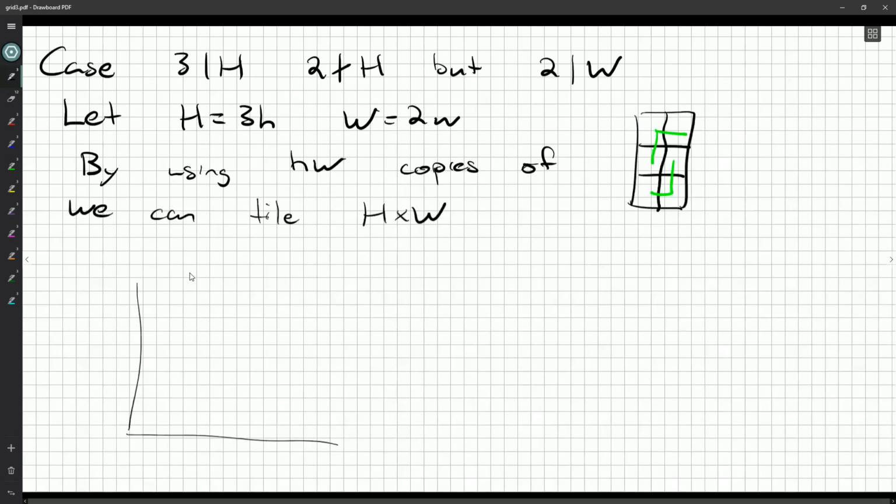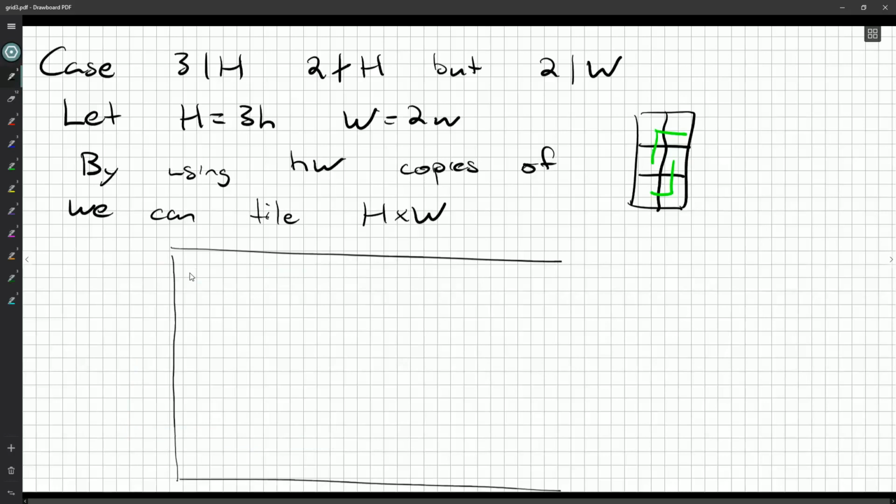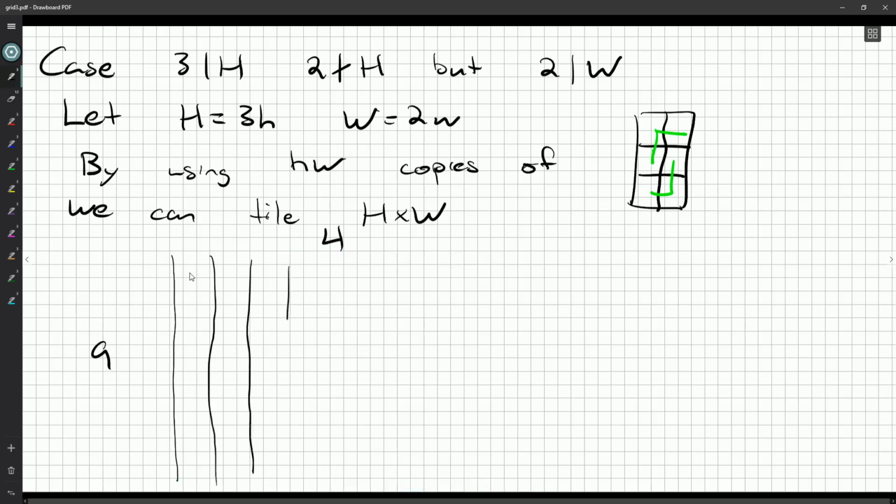So, for example, if I have a height of, I don't know, 9, it's going to be a bit of a pain to draw, so we'll make this a little bit bigger. So 9 by, I don't know, 4 will probably do the trick. One, 2, 3, 4.